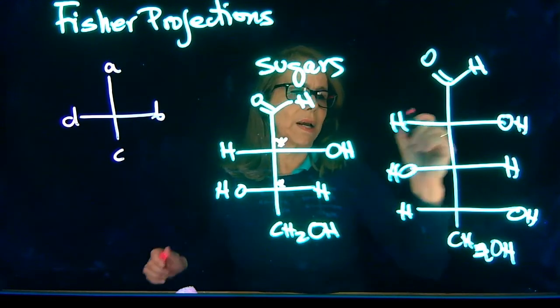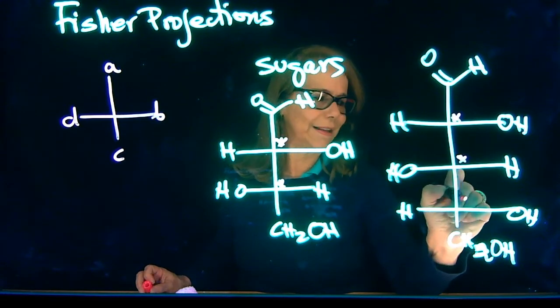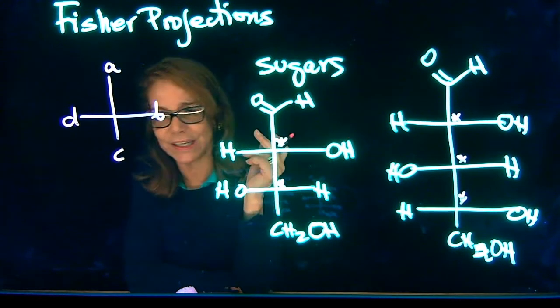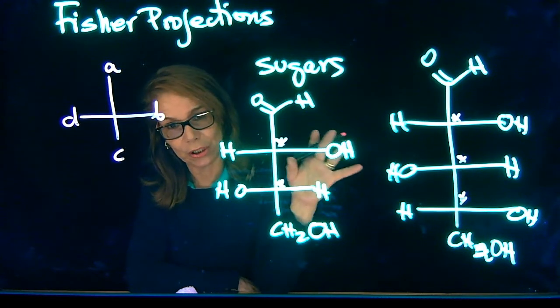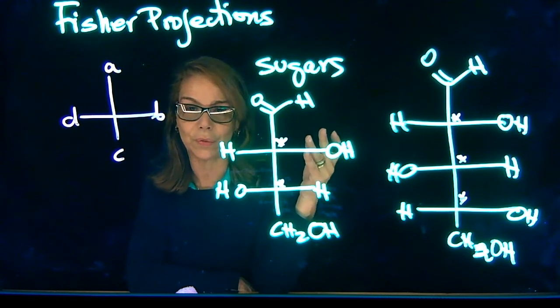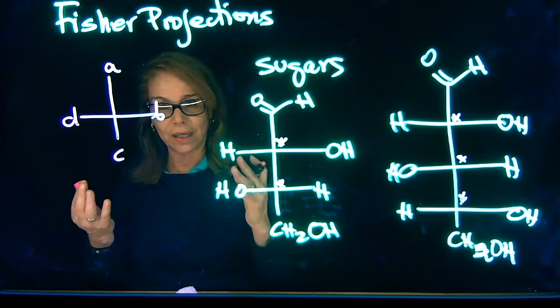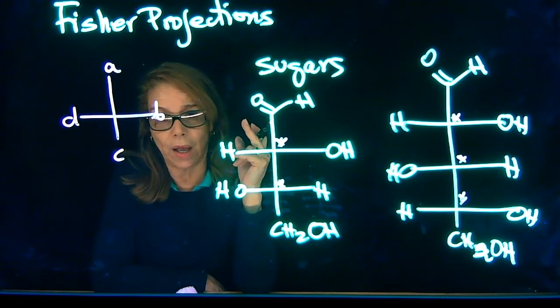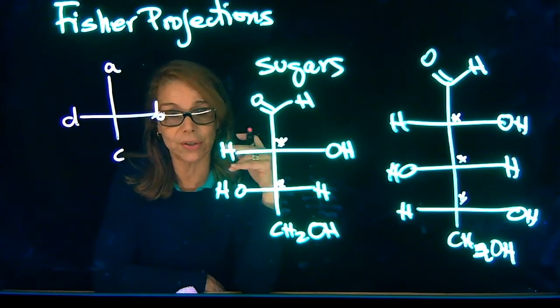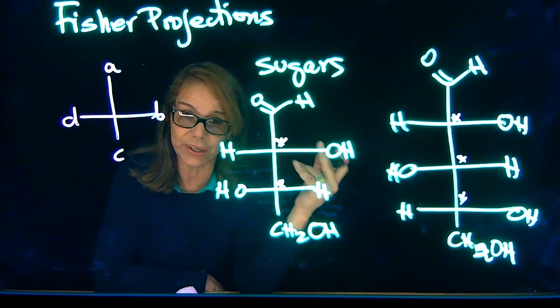Chiral centers here, here, and here. We're going to continue studying molecules like that. We're going to learn how to determine absolute configurations and how to go from the wedge-dash representation to Newman into Fischer projection and back.